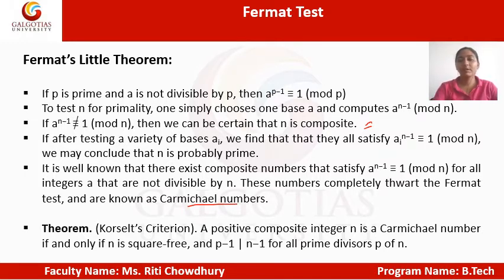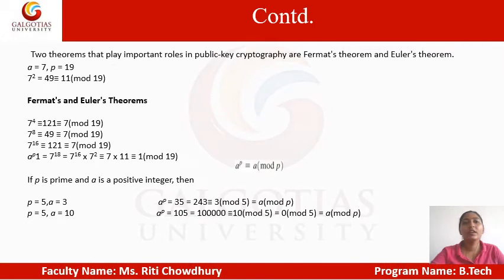So here is one example I want to give you for Fermat testing. Suppose I am having a very big number, 2 to the power 50. Can I tell whether 2 to the power 50 is prime or not? To know that, we will first have to explore other things.